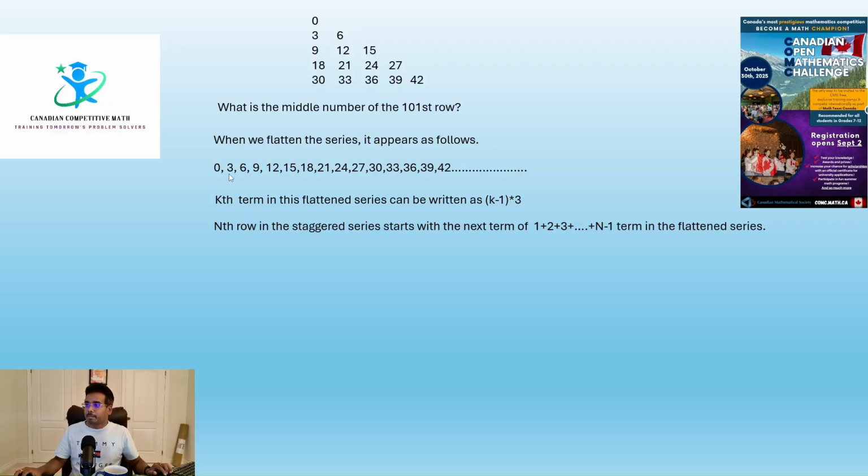This is a skip counting of 3. If I want the second term in this sequence, I can write it as 2 minus 1 times 3, which is 3. The third term is 3 minus 1 times 3, which is 6. So in this flattened series, we know how to find the kth term.